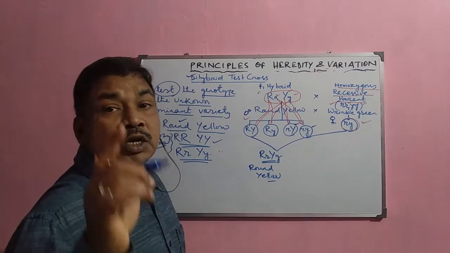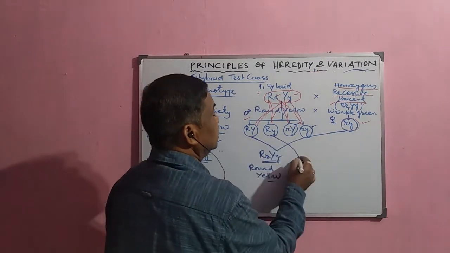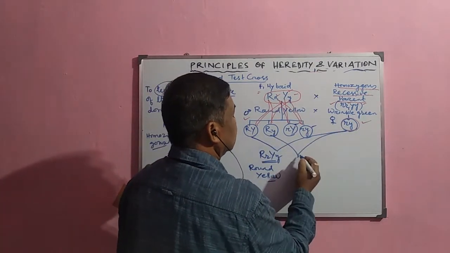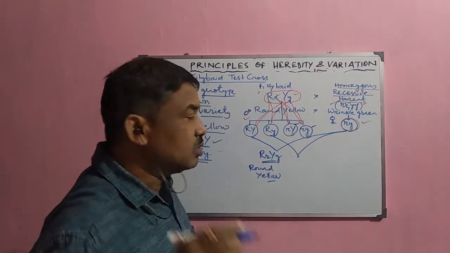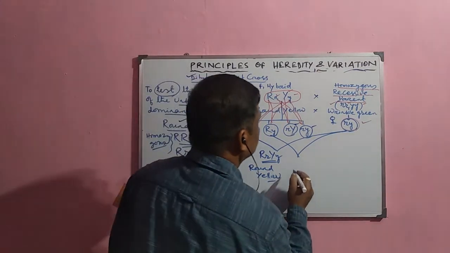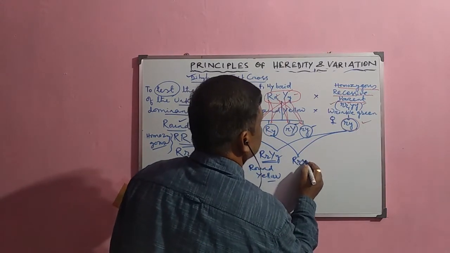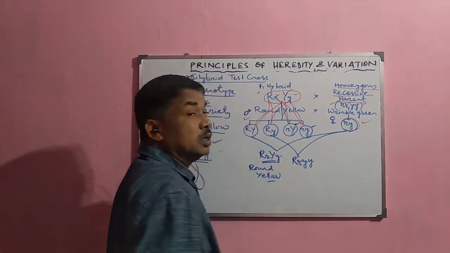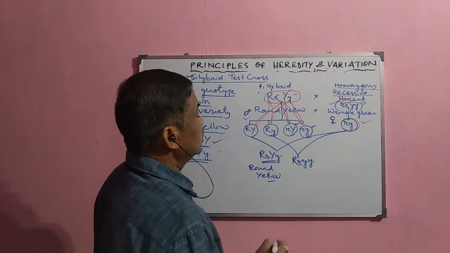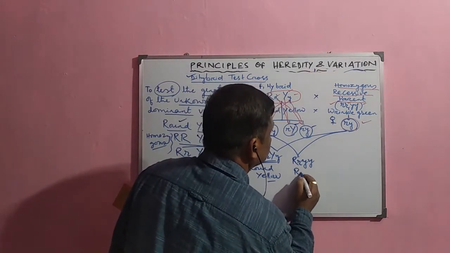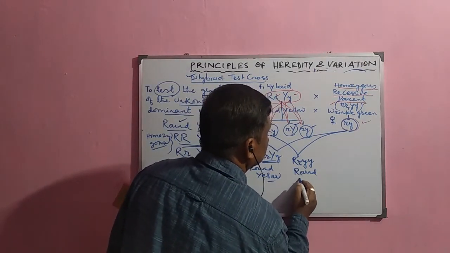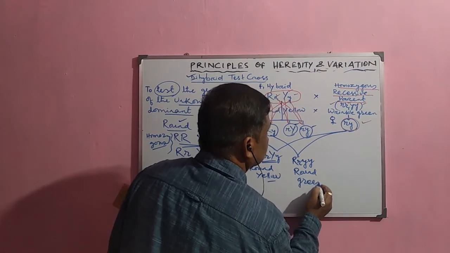Now second one, if this pollen grain fertilizes this egg cell, which type of zygote will be formed? The zygote will be capital R, small r, small y, small y. It will be round and green type.